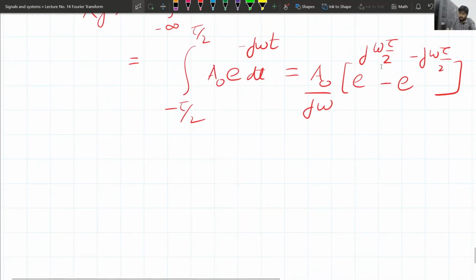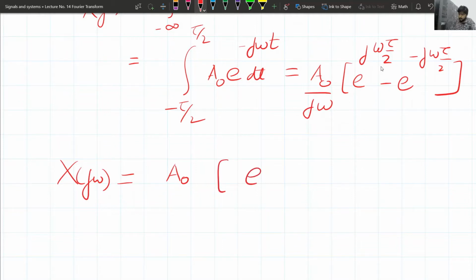Now let us rewrite the same Fourier transform.